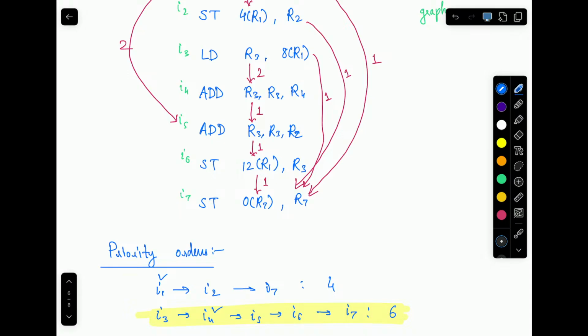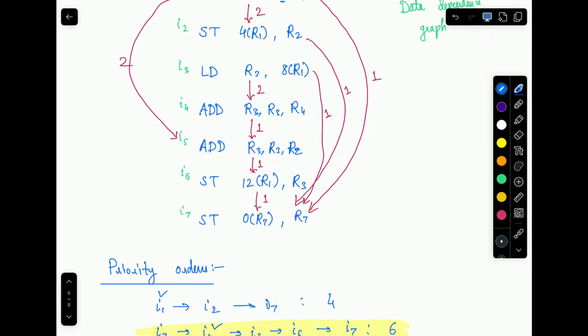Oh yeah, there is another reason here. Yes, as Jayashree points out, I4 cannot be scheduled at this point, in fact, because as the edge denotes here, after I have scheduled I3, I need to wait for 2 cycles before the result is available for I4. Yeah, that's another good point here. So was that the point you made? Yeah. So I4 needs to wait for 2 cycles, so I can't actually schedule I4 over here.